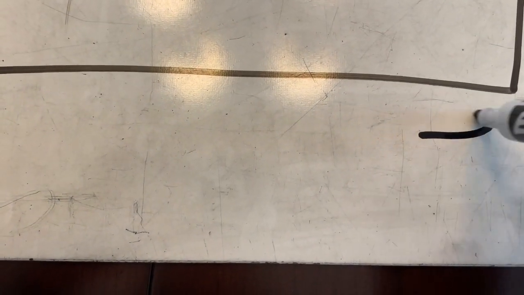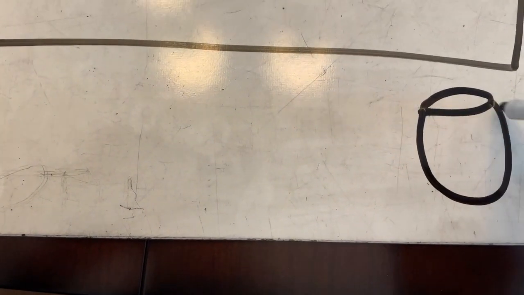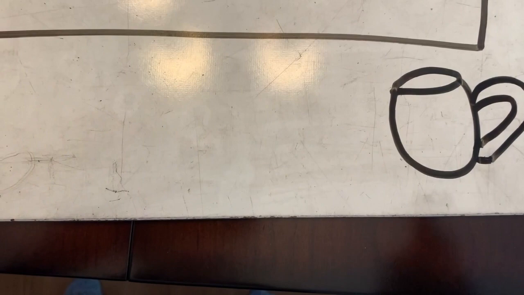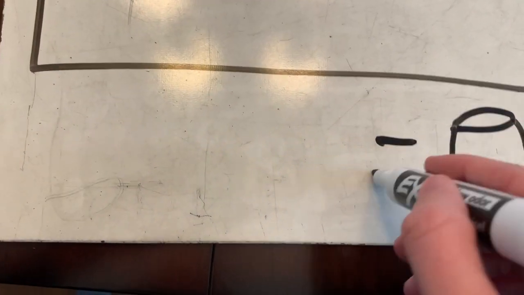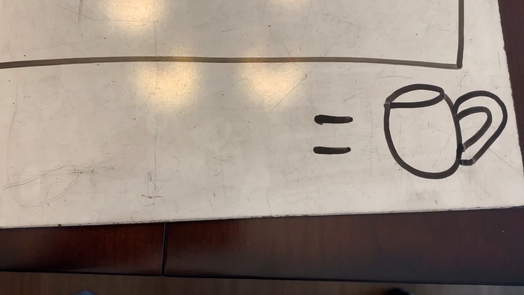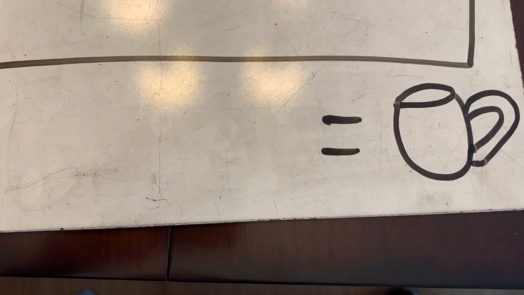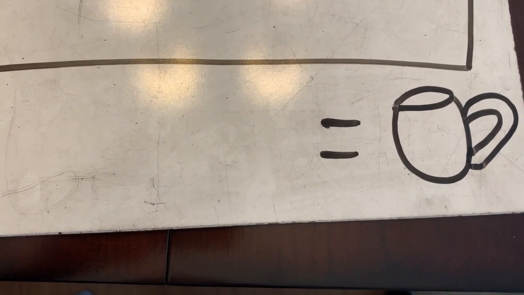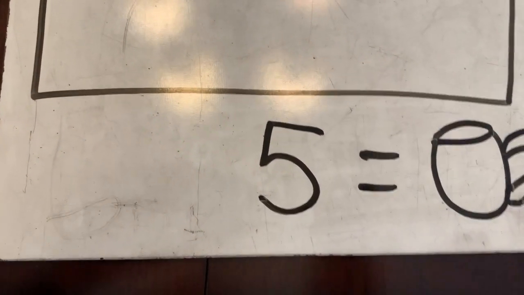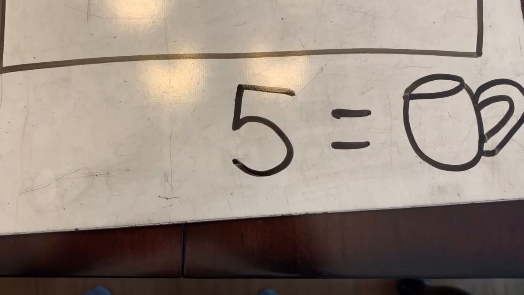Here's what I want in the end, this beautiful pitcher of lemonade. What needs to go inside this pitcher? Well, in the first sentence it says a pitcher of lemonade needs 5 lemons. So we know that we're going to add 5 for sure.